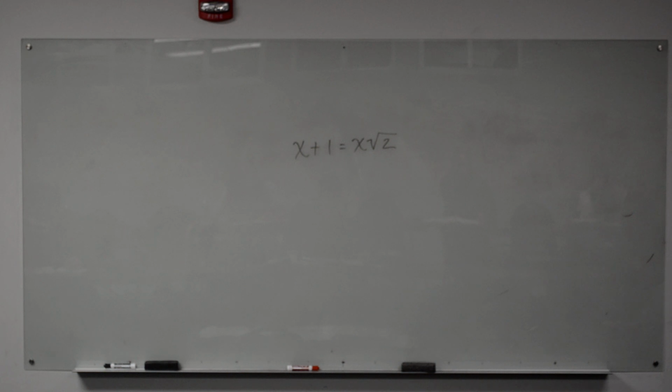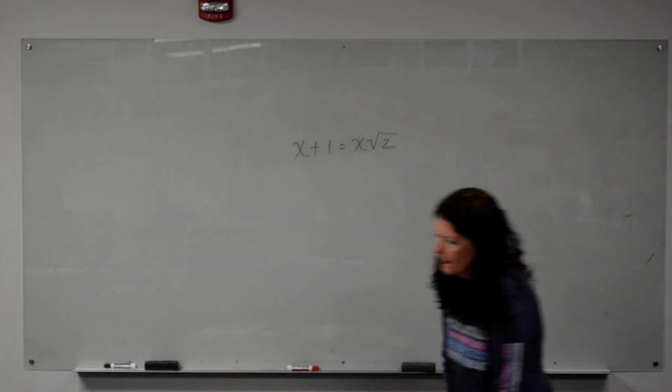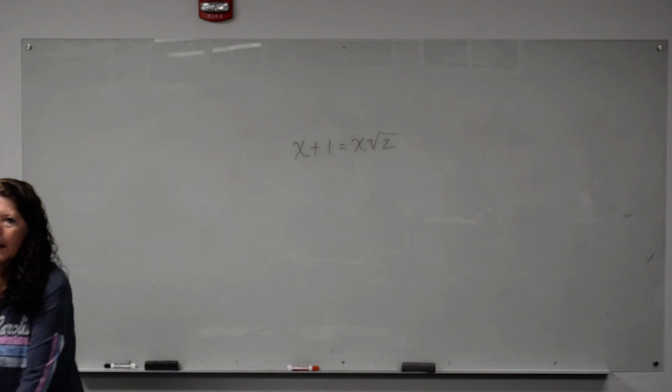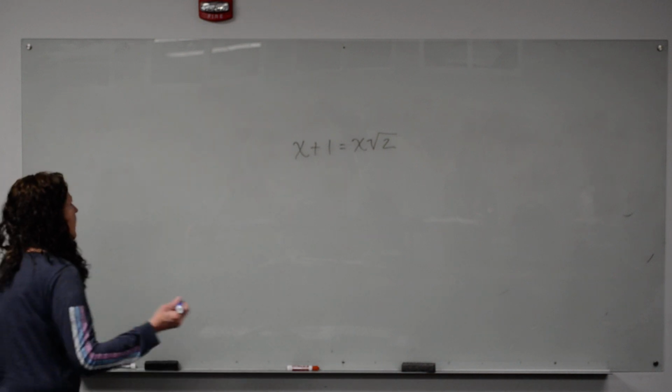First thing you want to do is put your x's all on one side together. I'm going to do it up here, so don't look back up here until you're ready to see the answer.